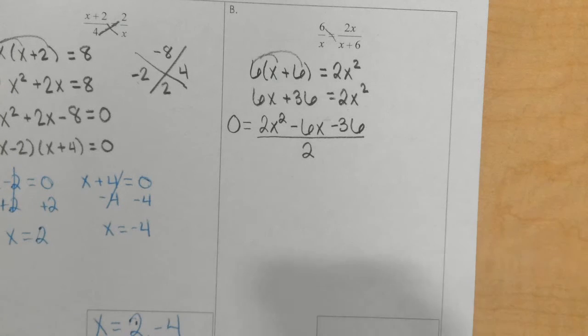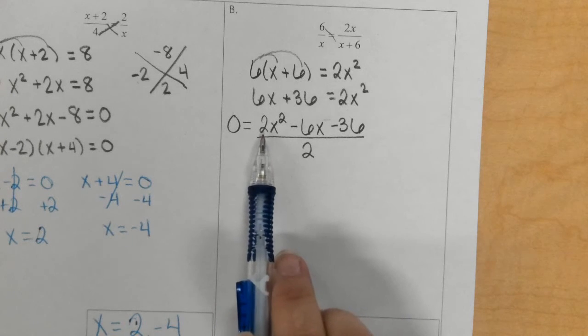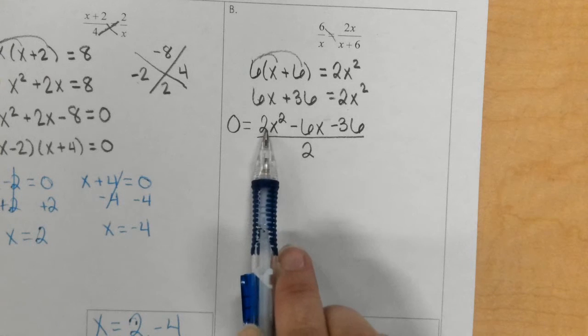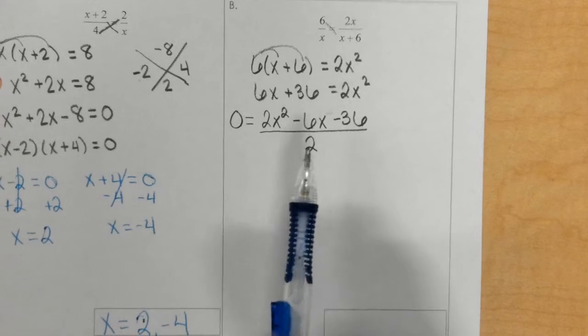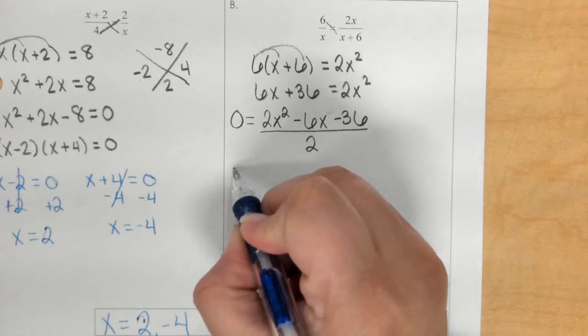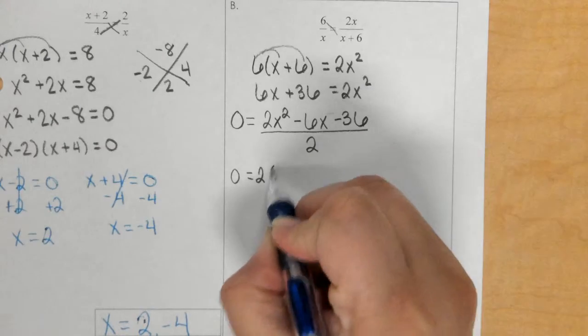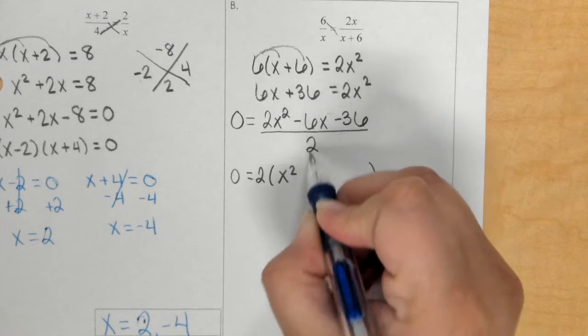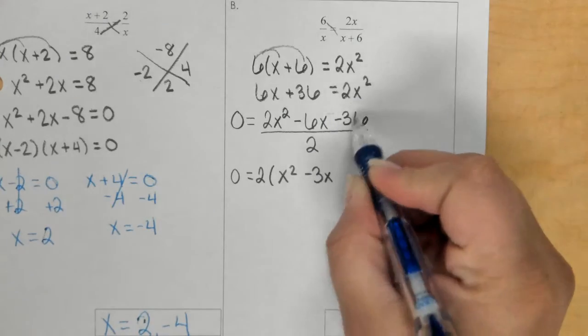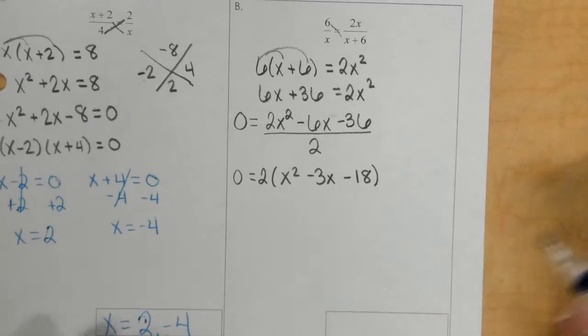So let's continue on. So first of all, I realized that there were the numbers 2, 6, and 36, and they were all divisible by 2. And so I want to take that GCF out. And if I divide that out, this would give me x squared, a negative 3x, and a negative 18.